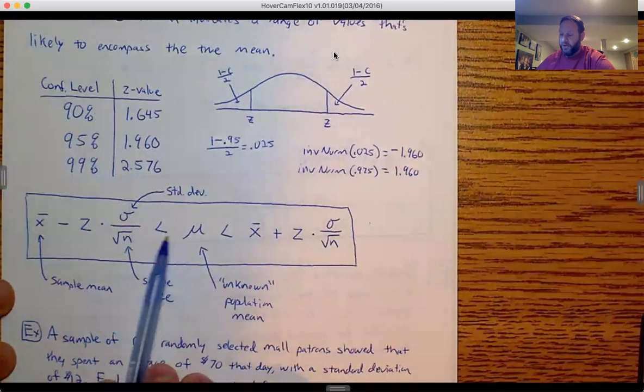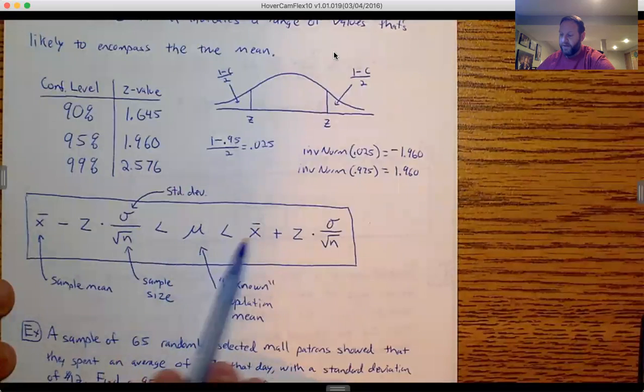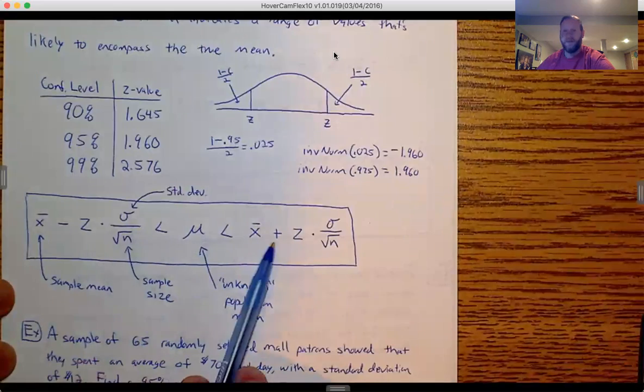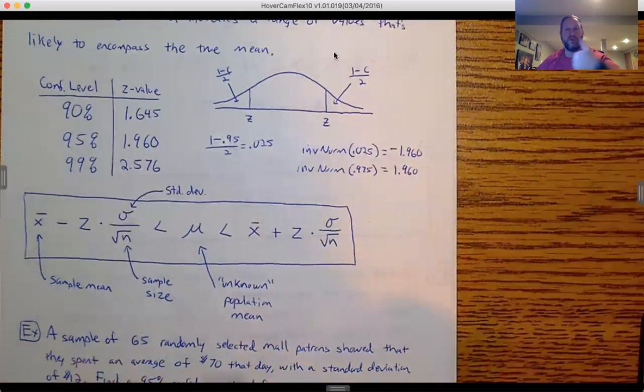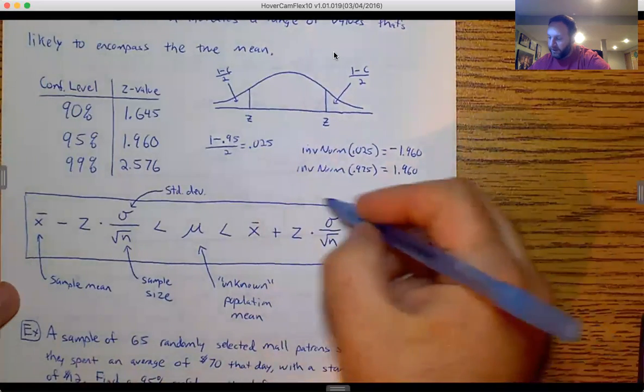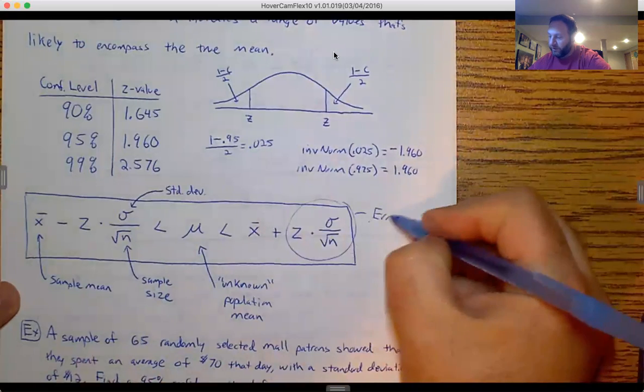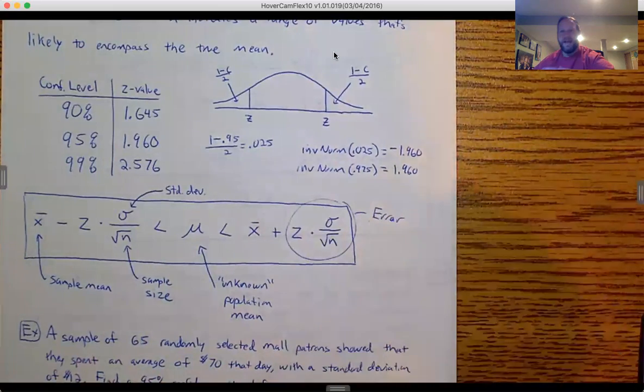Okay. And then you'll notice this is our true mean. On the other side, it's the exact same formula, but this side is minus and this side is plus. And that's where you get your interval of the lower and upper limit. And what this is known as right here is your error. And so what you're doing is taking that possible error and adding and subtracting it from both sides to see what that actual mean is in between.